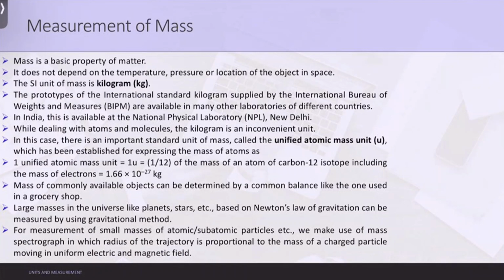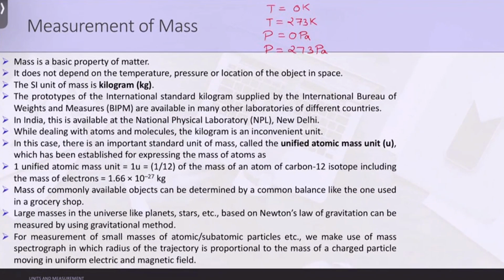Right? So just to explain again, let's say the temperature is 0 kelvins, or let's say the temperature is 273 kelvins. Let's say the pressure is 0 Pascal, or let's say the pressure is 273 Pascals. I'm just taking vague numbers, just don't refer to these for anything.